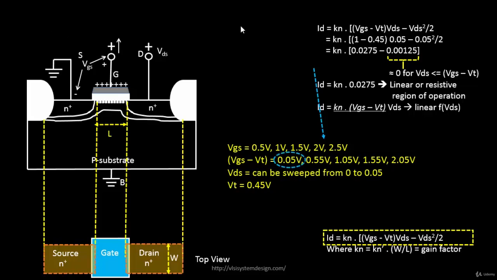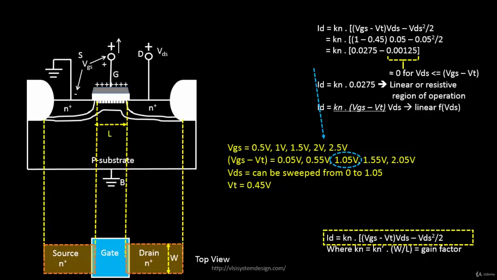Similarly, you can sweep your VDS from 0 to 0.55 volts to make this device operate in a linear region, because right now we are focused only on the linear mode of operation of the device. You can sweep your VDS from 0 to 1.05 volts as well.